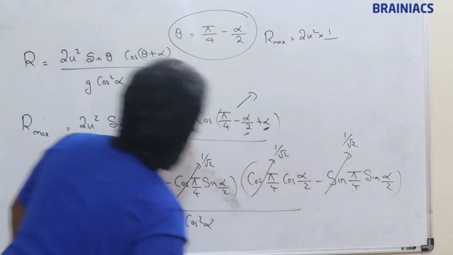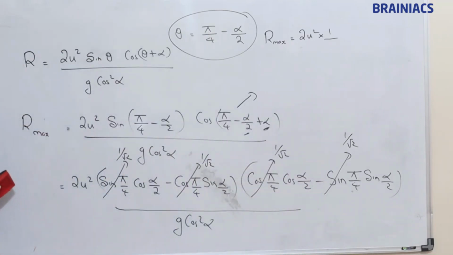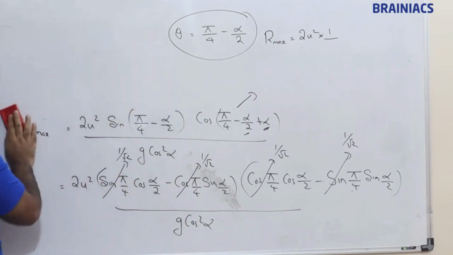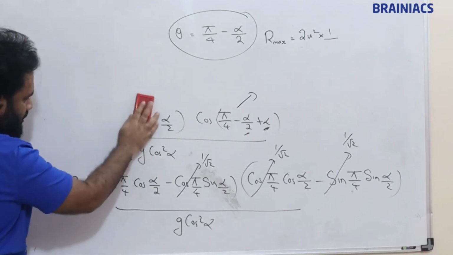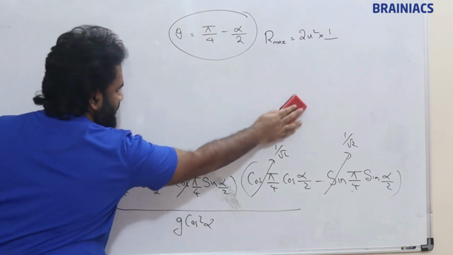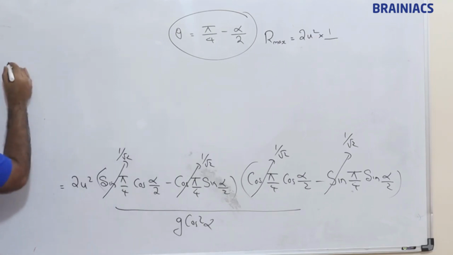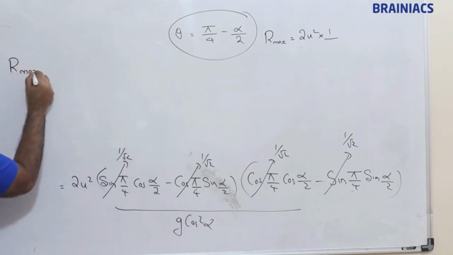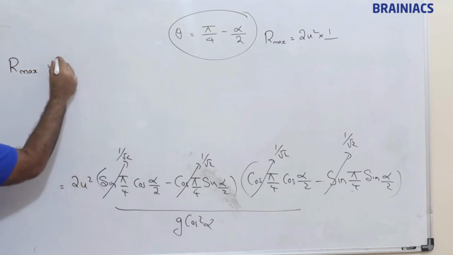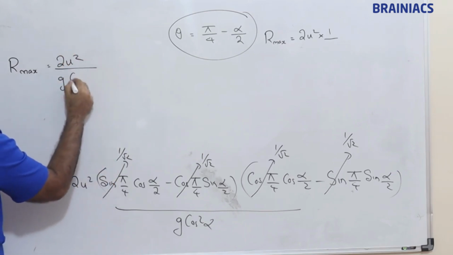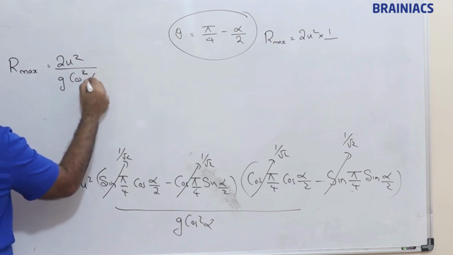Okay students, hope you have copied this. I am erasing this. So R max is equal to 2u square by g cos square alpha.